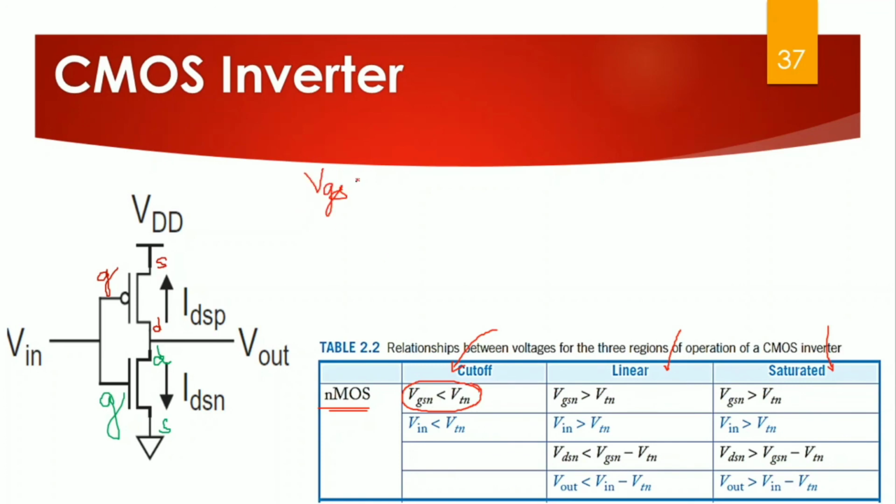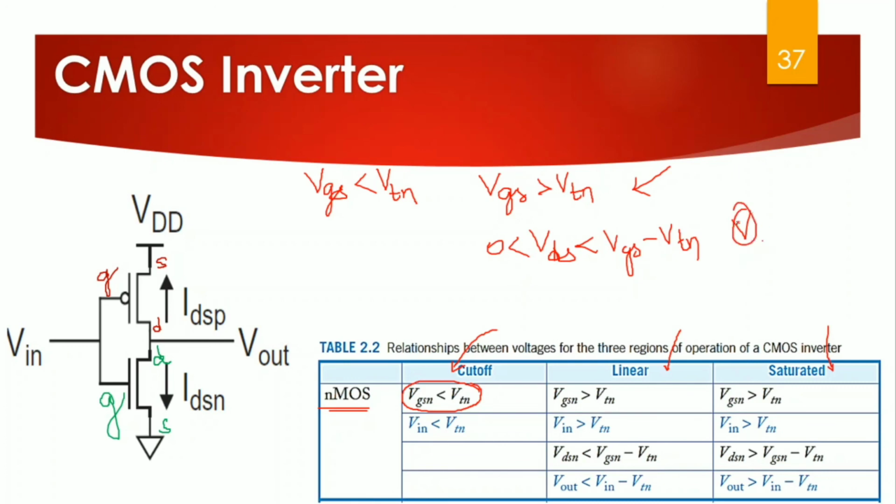For linear region, VGS should be greater than VTN, and VDS should be greater than 0 and less than VGS minus VTN. For saturation region, VGS is greater than VTN, and VDS should be greater than VGS minus VTN. These conditions are written in black color here.